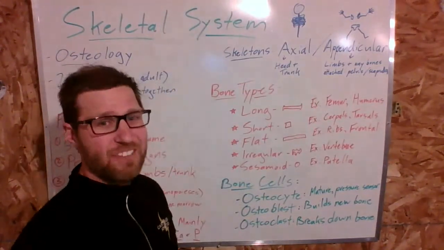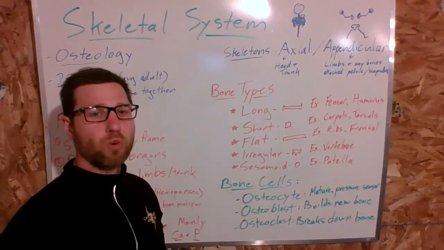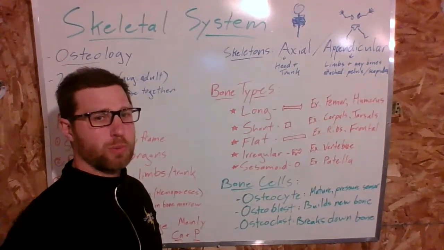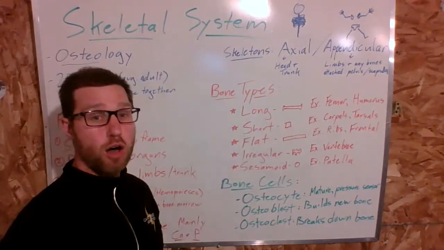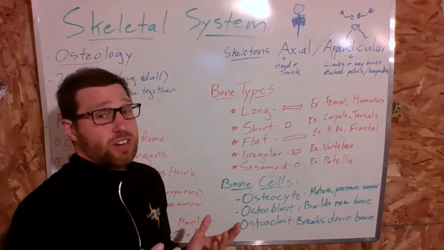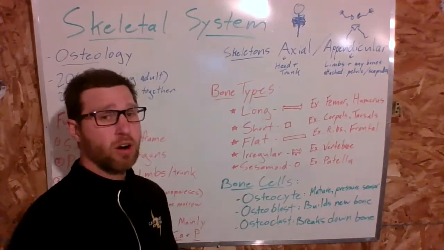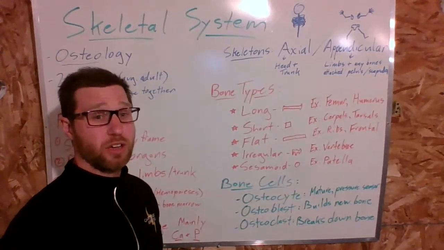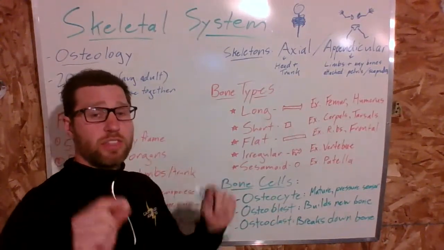Bone types. You have five different types of bone in your body, and we're really looking here at the shape and the structure of your bone when we categorize them this way. The first type of bone is your long bone, and this is your classic bone structure. When you think of your humerus or your femur, that's a great example of long bones. They are longer than they are wide.